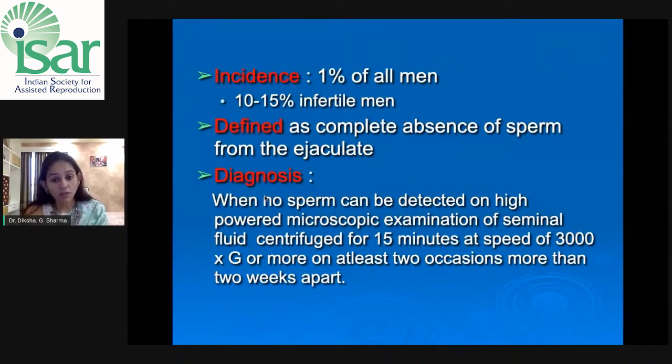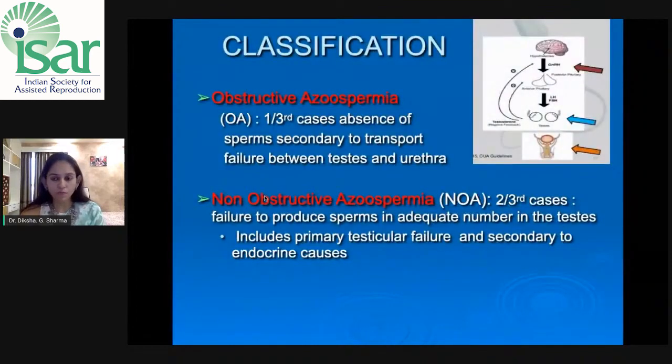How do we diagnose it? When on initial evaluation no sperm can be detected on high-powered microscopic examination of seminal fluid, then we must centrifuge the sample for 15 minutes at a high speed of 3000 g or more, and at least 2 samples must be examined 2 weeks apart for us to conclusively say that the man is azoospermic.